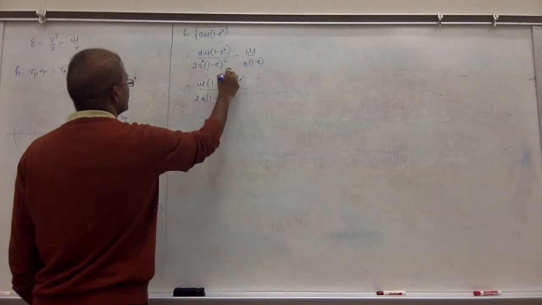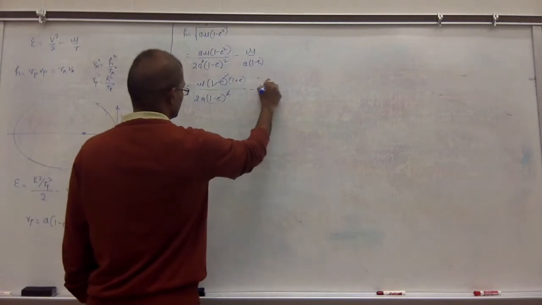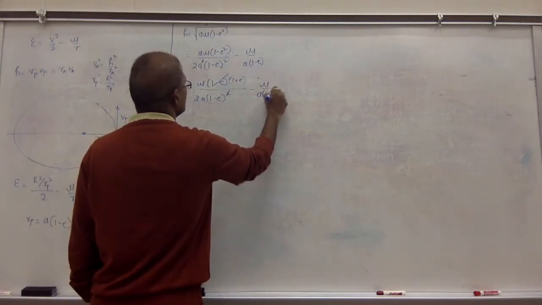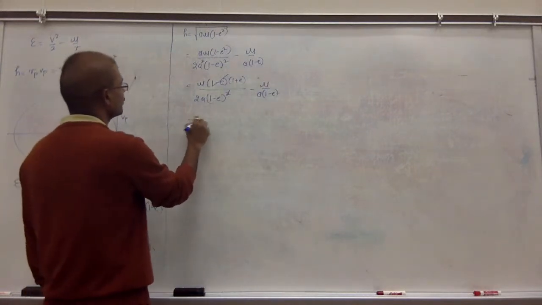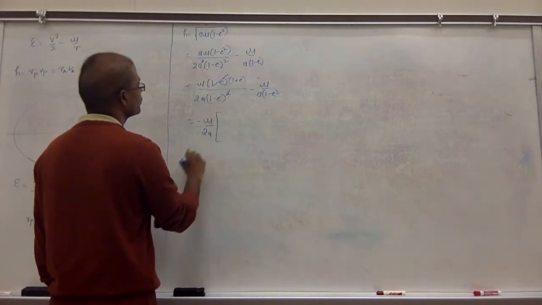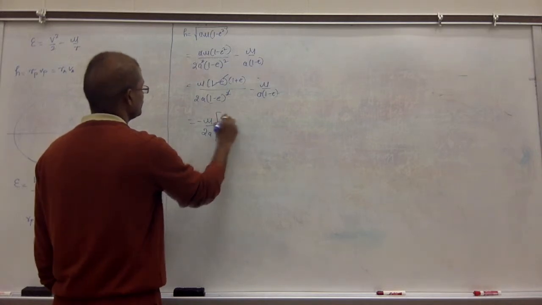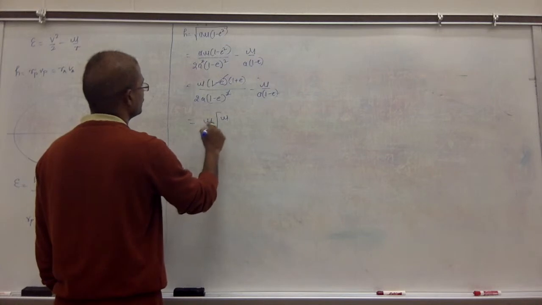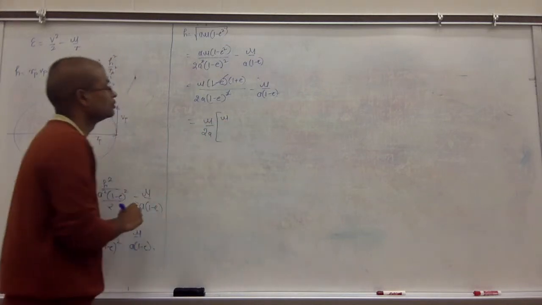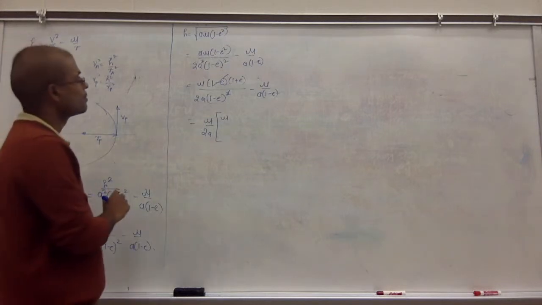So this cancels with this minus mu over a into 1 minus. If I just take minus mu over 2a outside, let's do this. Just take minus mu over 2a. You got to square the a into 1 minus e squared.